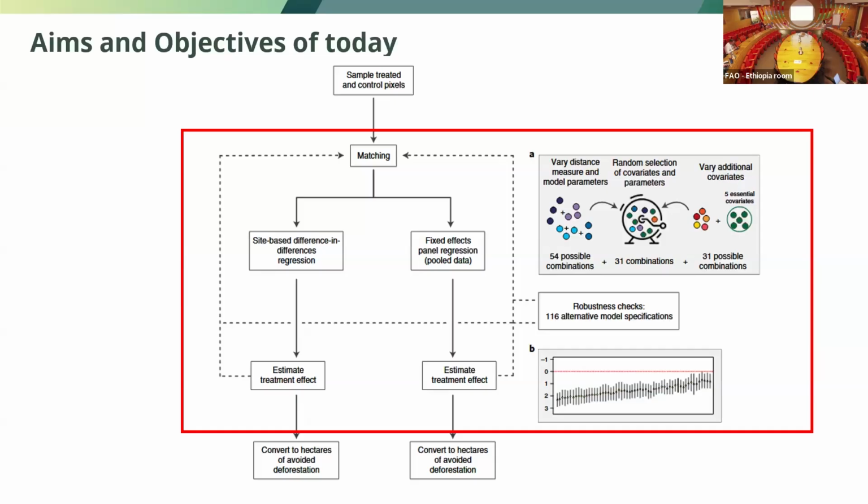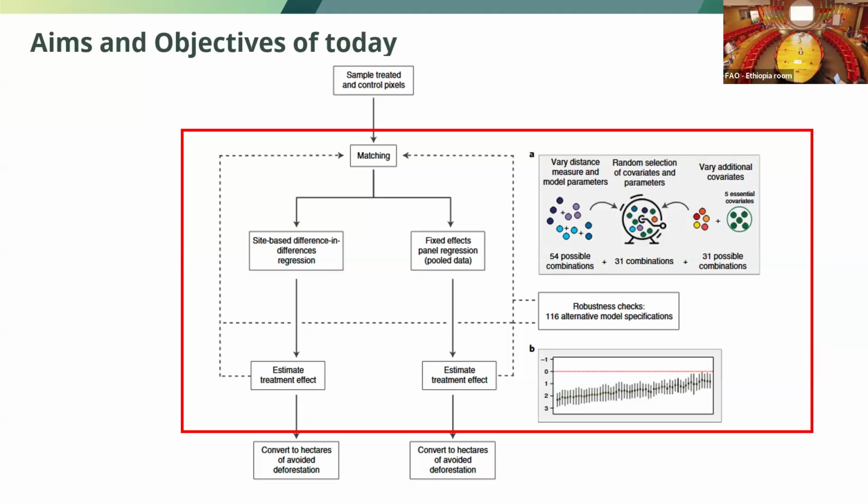We're going to do both of those. And then we're going to run some robustness checks. In the paper, I did 116 different matching specifications, but we're going to do 16 because we don't have very much time. But this is just almost the tip of the iceberg of the effort that goes into doing a GIE.